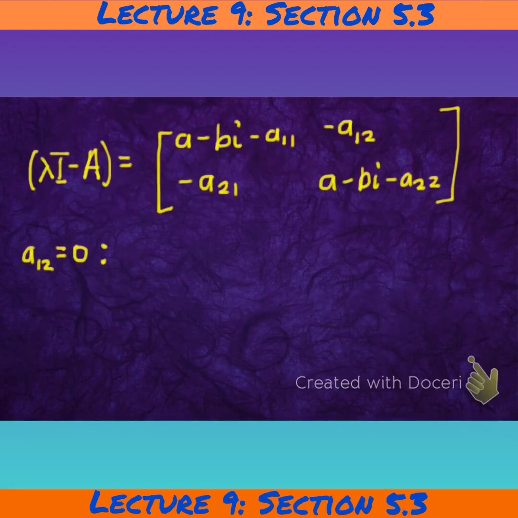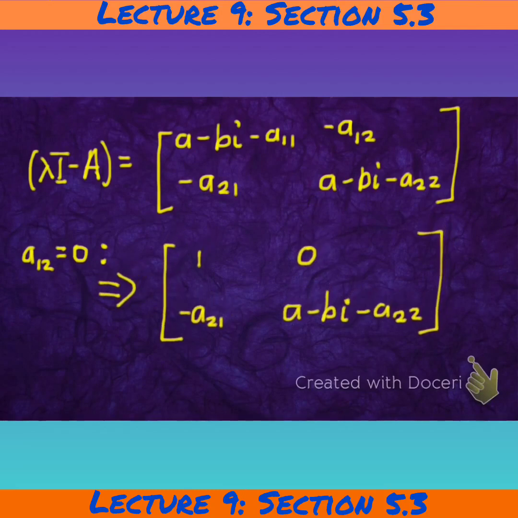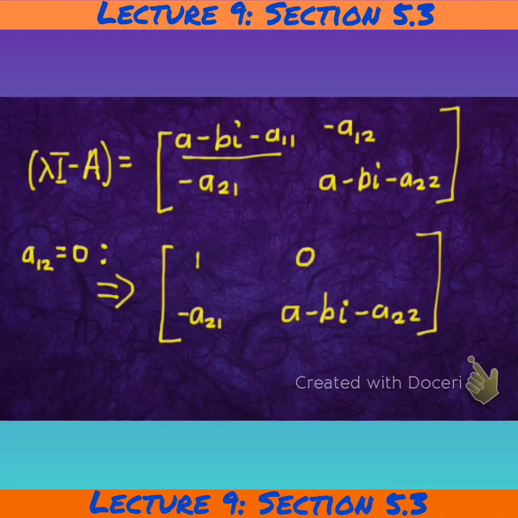Right, so let's look at two cases. What happens if A1, if this entry, is 0? Well, then I can make this a leading one because that term is not 0, because we said initially that B is not 0.